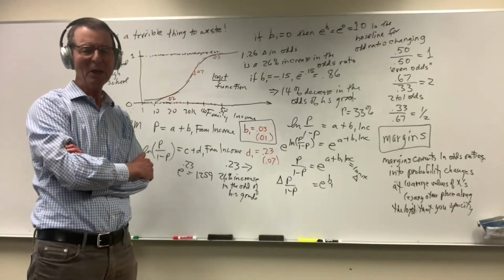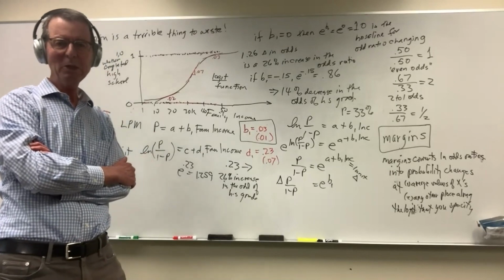So if you had a scenario where there's a 1.99 change in odds, that would be a 99% increase. But if you had a 2.01 change in odds, would that be a 101% increase? In effect, it would be doubling the odds ratio, right?